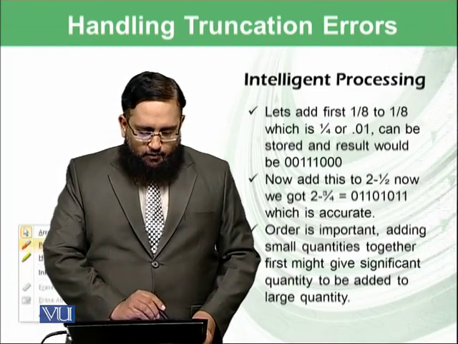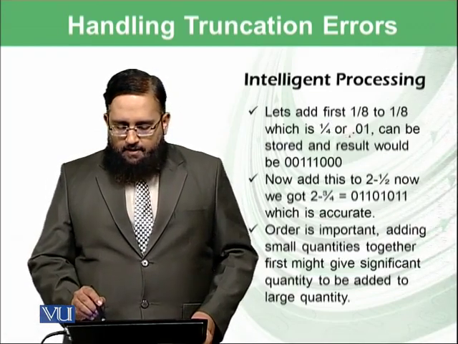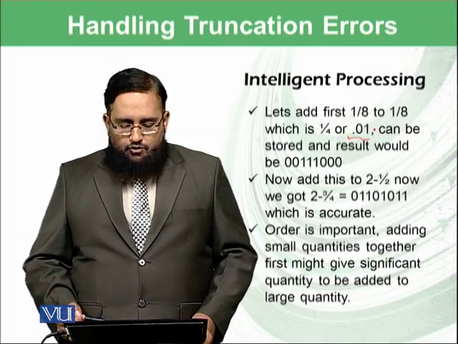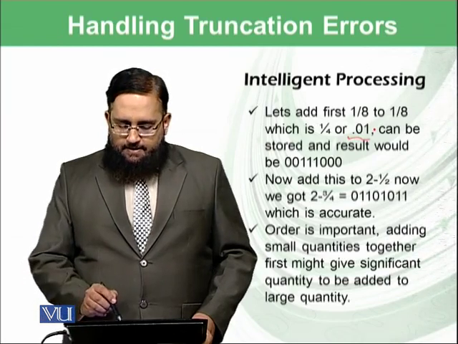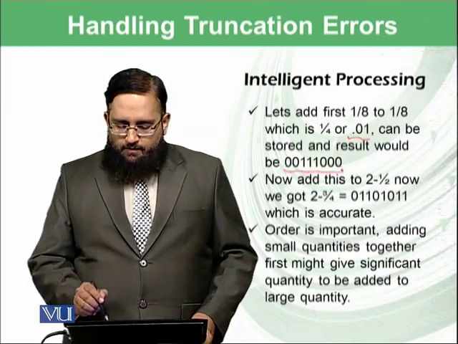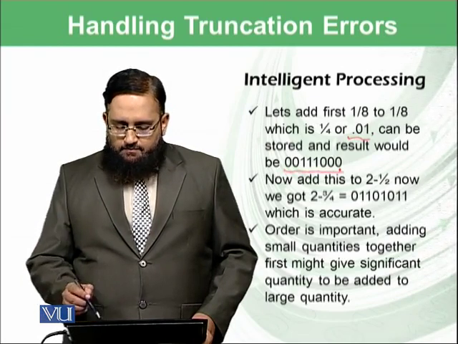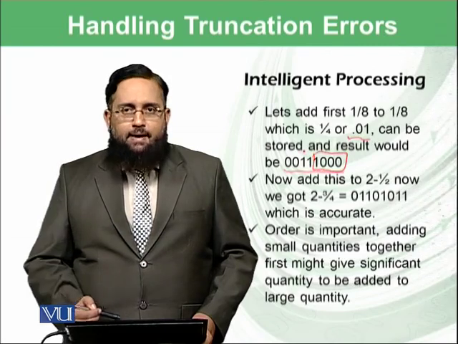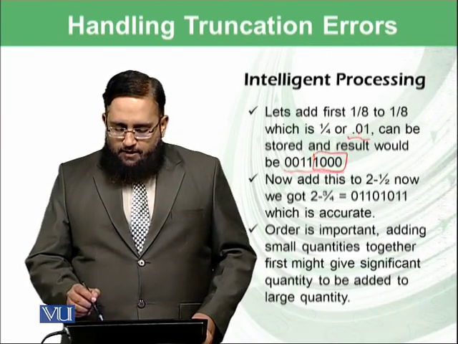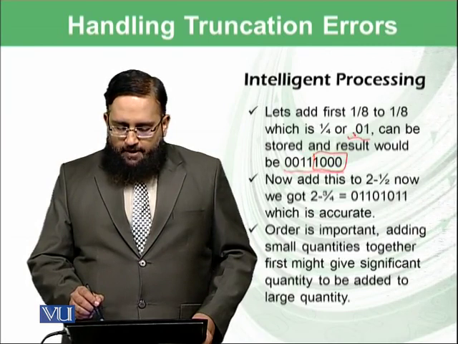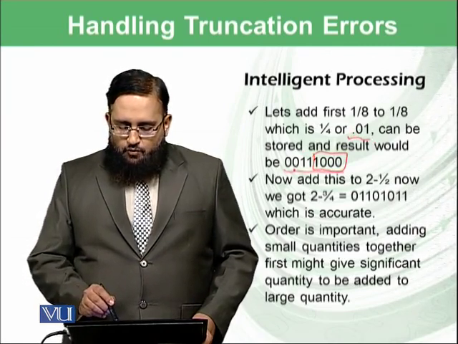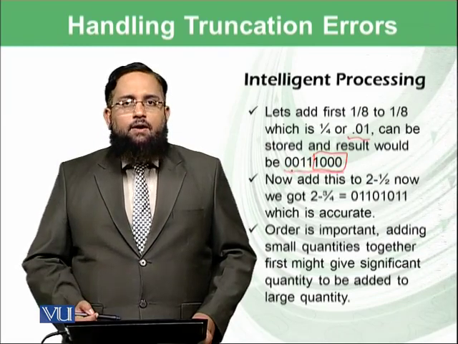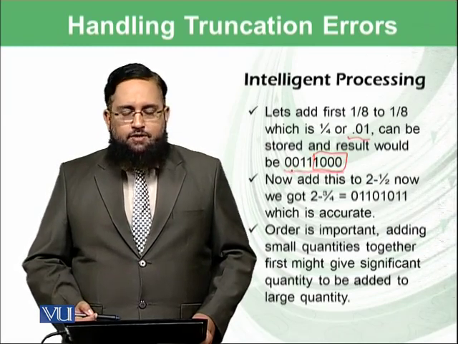That 1 by 4 means we have a bit pattern of 0.01, and that can be stored, of course. This 01 would be 1000 as the mantissa, and as we need to move the decimal point, we have stored 011 in the exponent as already explained, and as it's a positive number, we are storing 0 in the sign bit.